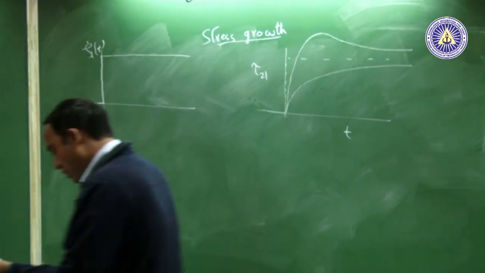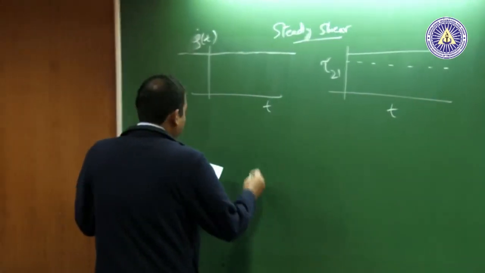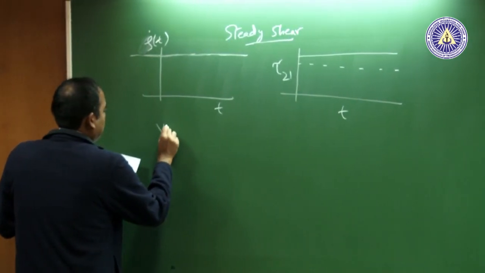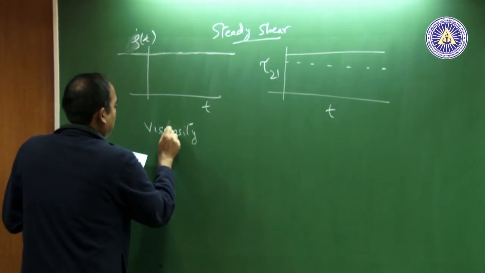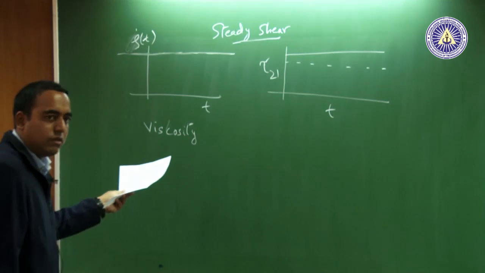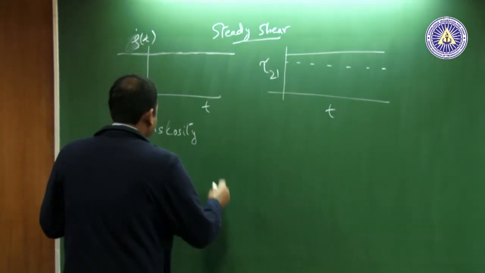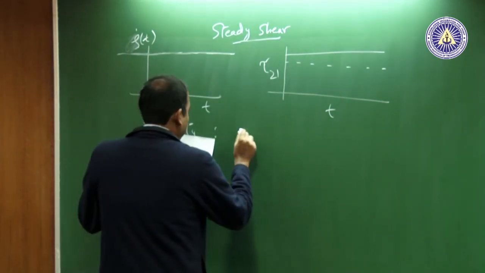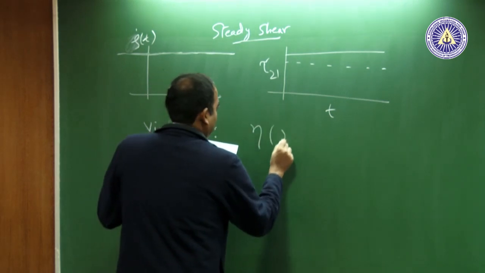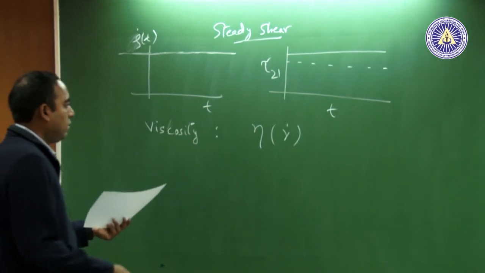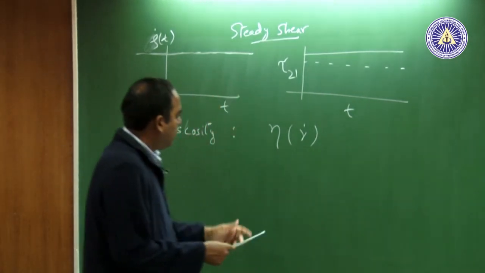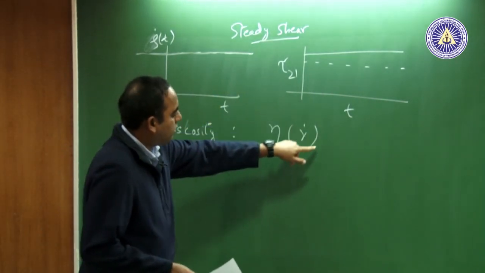Right. So, for steady shear, what we have is 3 types of material functions. Once I define these things, I will probably try to show how the data comes out. Viscosity. Now, as I said, it is not a material property anymore. So, the viscosity is actually a material function, and hence the viscosity is a function of the shear rate.